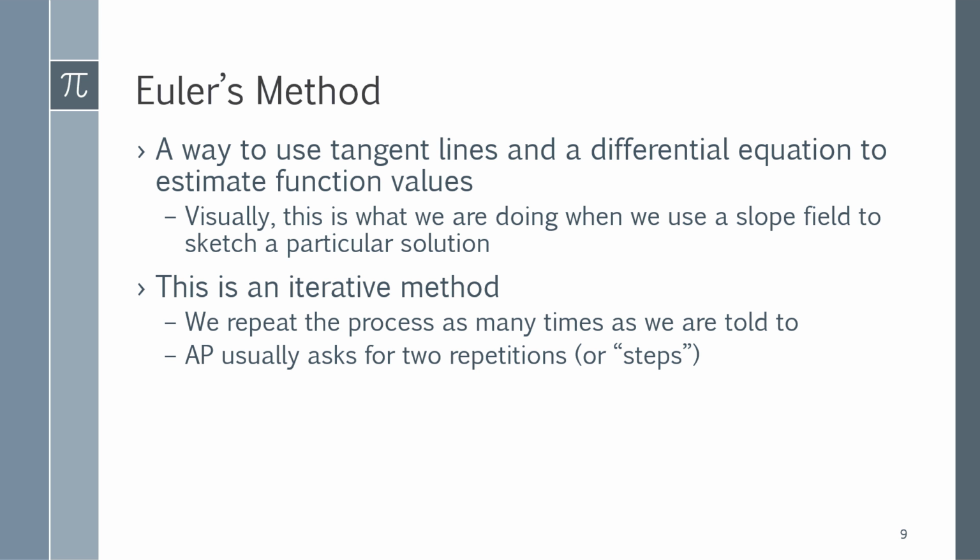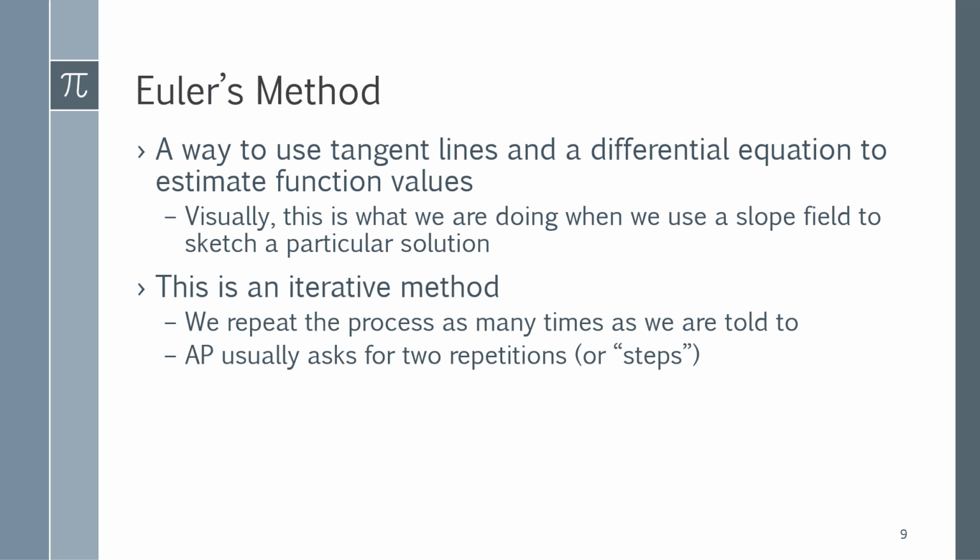If you've seen the movie Hidden Figures, this is what they are doing in the movie to calculate the landing trajectory: they're using tangent lines and a differential equation to estimate the different values needed. This is what's called an iterative method, meaning it is repetitive. We're going to follow the same steps over and over again until we reach where we're supposed to stop.